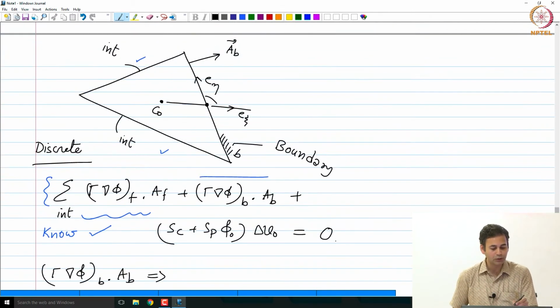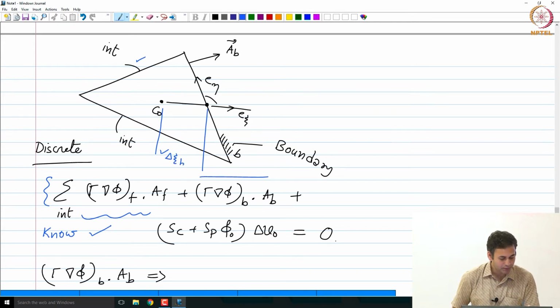And of course, how do you define the distance here? Delta xi would be the distance between the face centroid and the cell centroid. This is like your delta x by 2 if you had a Cartesian mesh. So, this is basically delta xi b, which will connect the cell centroid to the face centroid.